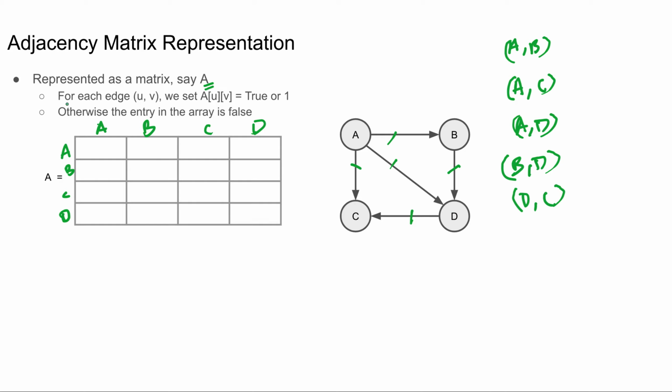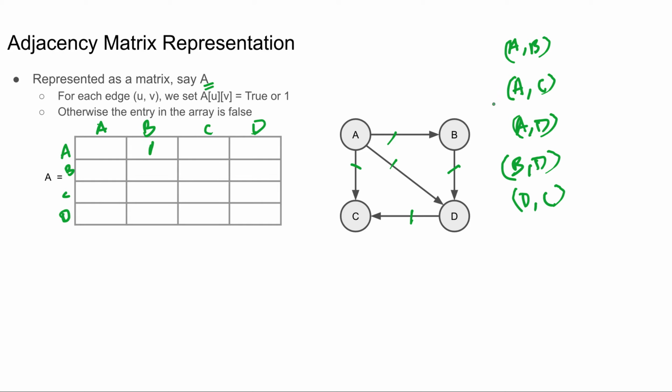So the criterion says, if you have an edge (u, v), then we set A[u][v] equal to true. Looking at the first one, A, B, we set A[A][B] equal to 1. That cell is equal to 1 or true. I can write either 1 or true there.